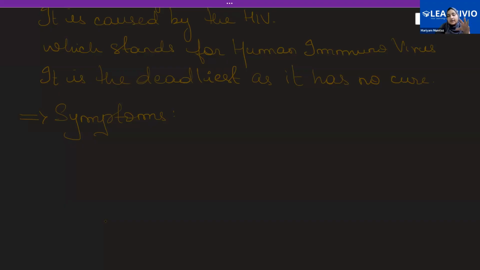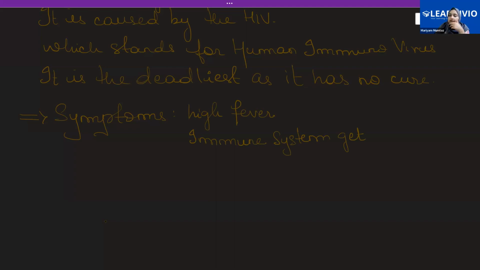Talking about the symptoms of this particular disease, first of all, high fever. Ma'am, always you will be having high fever. Mostly, yes. Do you know why fever happens in our body?